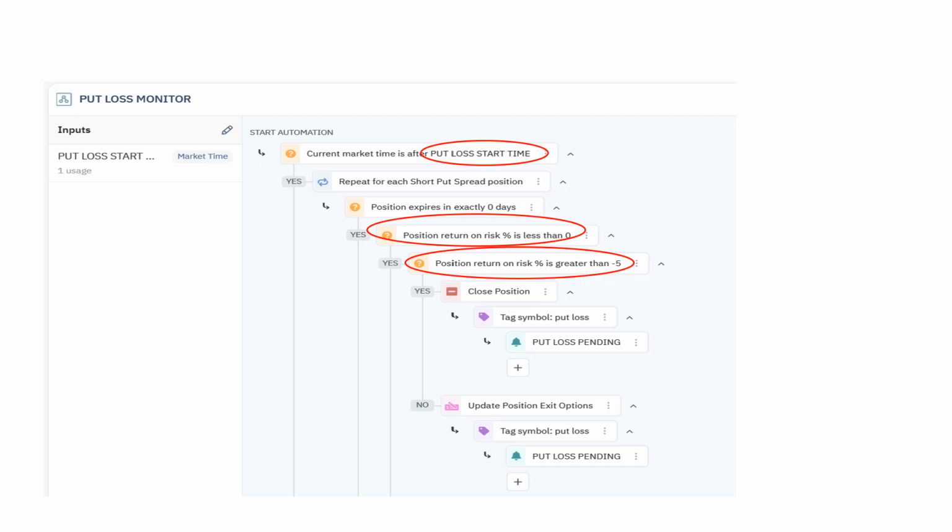In that case, it closes the position immediately. If it is less than 0 and less than -5%, it updates the exit options with a -5% trigger. In both cases, it attaches the put loss tag to the SPY symbol and notifies us that a put loss is pending.